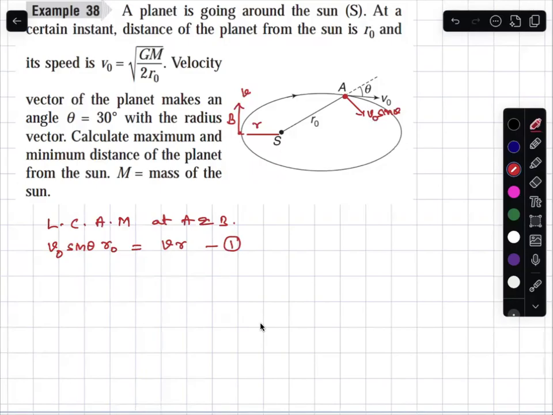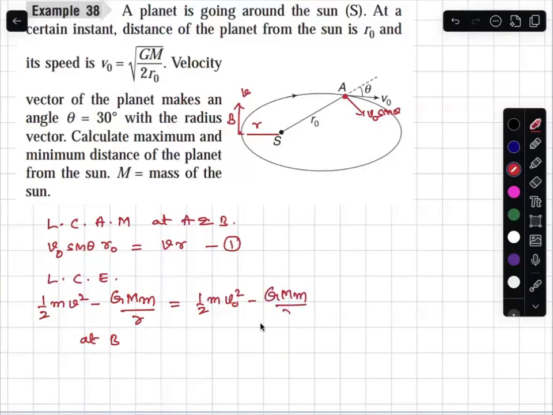So applying the law of conservation of energy at the same two points, at B we have half m v square minus G capital M small m by r. At A, half m v naught square minus G capital M small m by r naught.